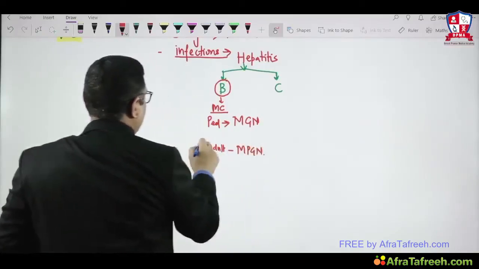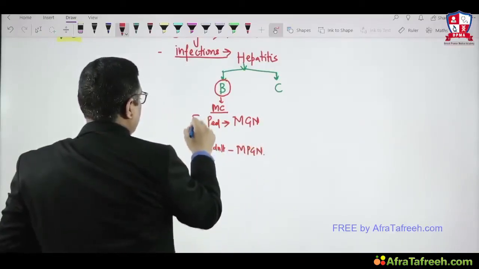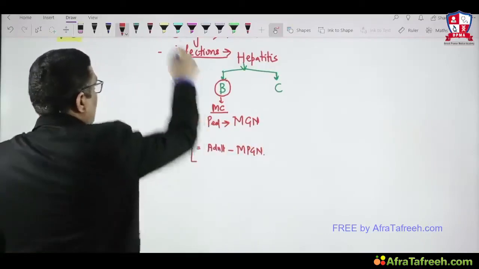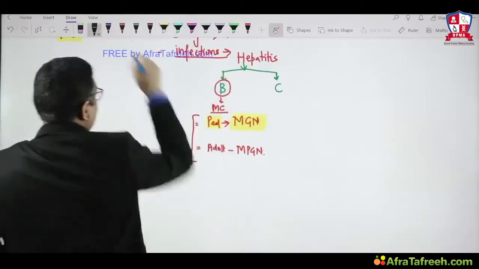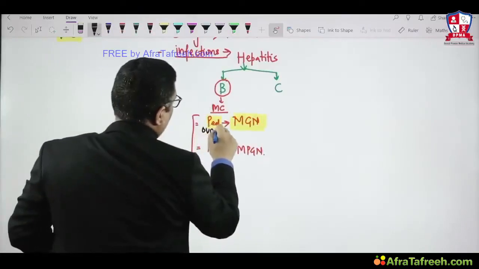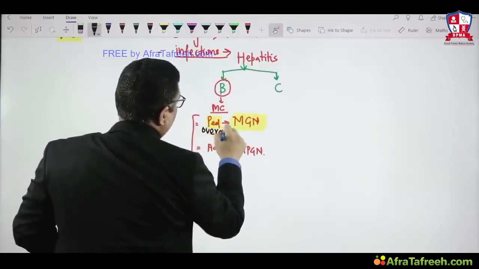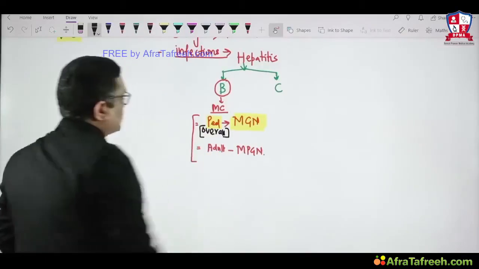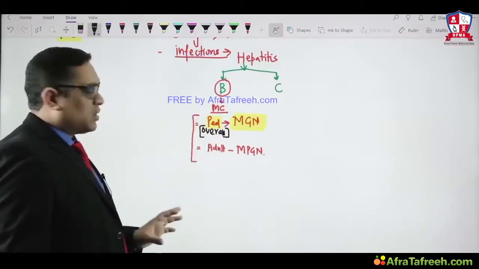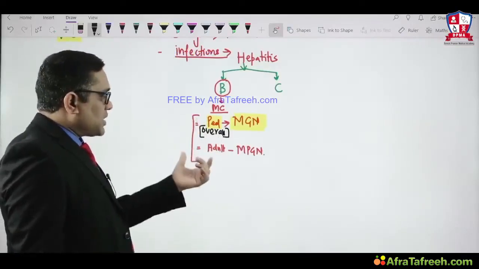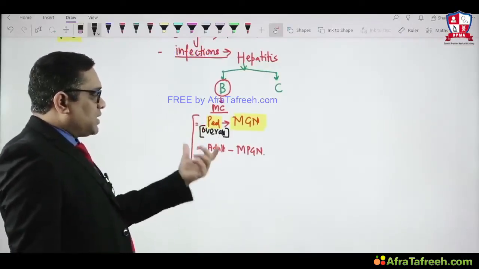The pediatric one is the overall most common also. So overall, membranous glomerulopathy is the most common with hepatitis B; pediatric membranous, adult MPGN.